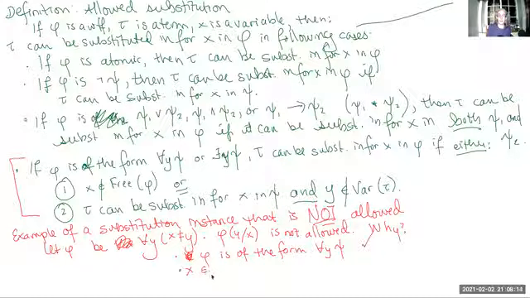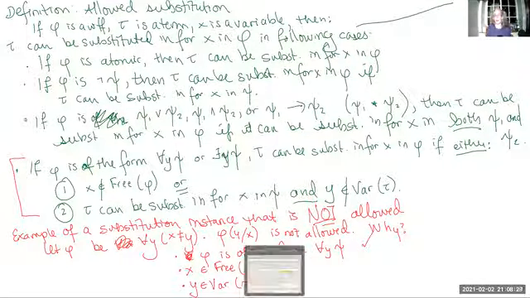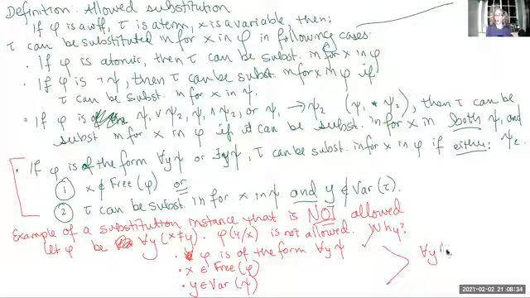X is in the set of free variables of phi because there's no quantifier binding it. But the problem is that y is in the set of variables in psi. So the result would actually be for all y, y doesn't equal y.